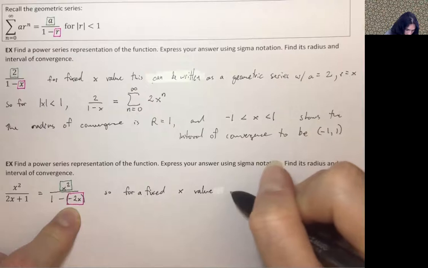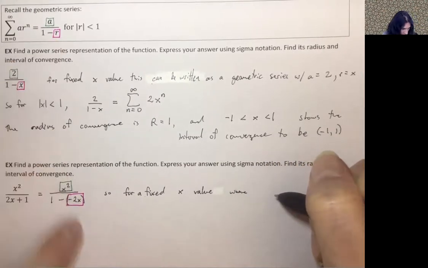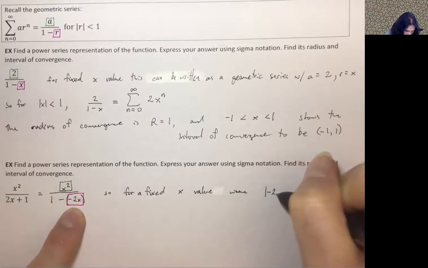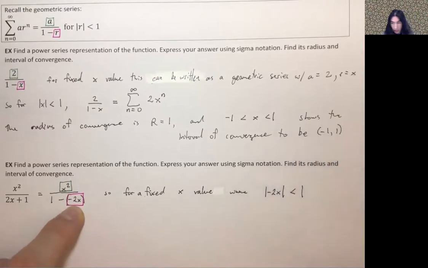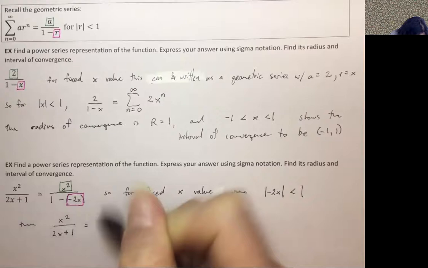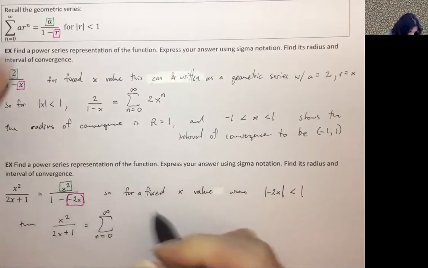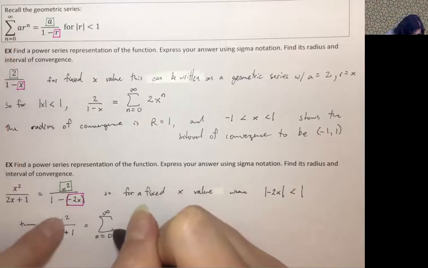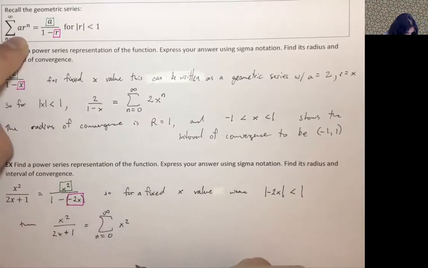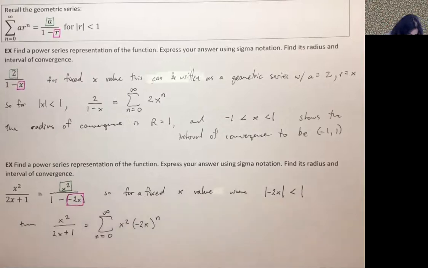So for a fixed x value where, in this case, this is my R, right? I'm not going to write it. It's obviously my R. I've got it highlighted right there. So where my absolute value of R is less than 1, then my function can be expressed as this series, sum from n equals 0 to infinity of a, which is my x squared, times r to the n, and my r is minus 2x to the n.